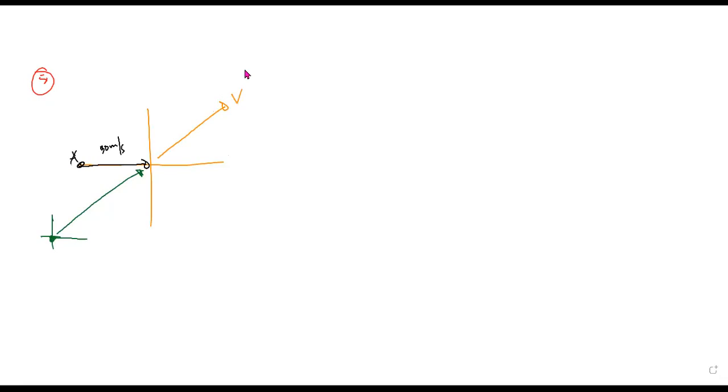Initially the truck is traveling 20 meters per second, take note, 60 degrees north of east. So we make this one as our reference, and then this would be north, and 60 degrees north of east, so the angle here is 60 degrees. We need to calculate for the common velocity of the two.